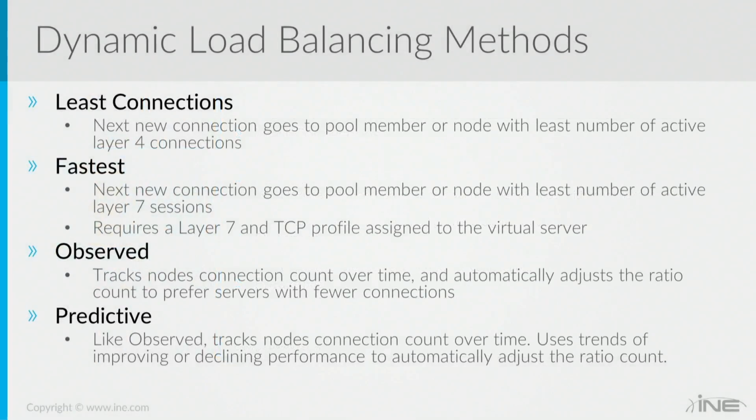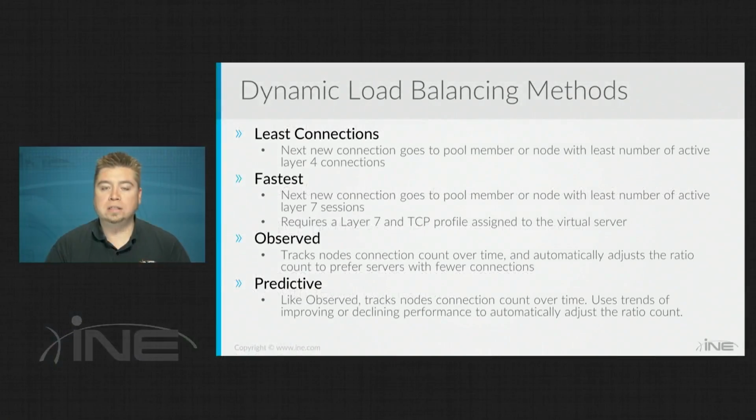Now, the next two, observed and predictive, are similar to the ratio, which we looked at the static configuration of. The difference is that the LTM itself is going to automatically update the ratio based on the response coming in from the servers. So it's essentially just going to look at the total connection count over time, and if one server has a lot more open connections than the other ones, it's going to move the ratios around, so the server that has more open connections is going to get fewer new requests as the additional client requests come in.